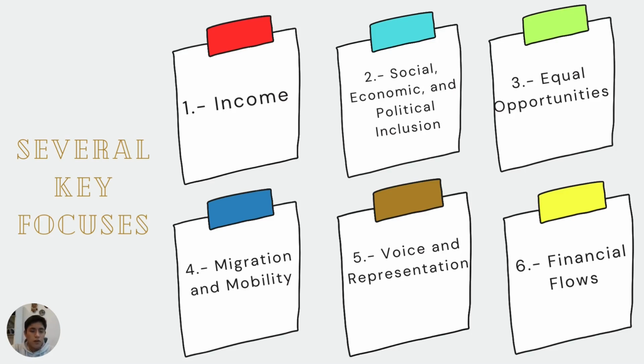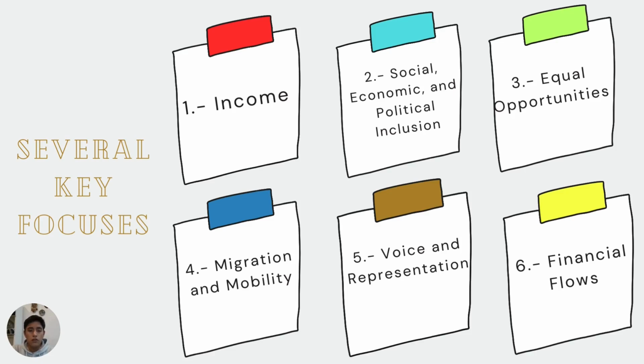Third, we have migration and refugees. We have the support of migrants and refugees: EU funded projects for the integration of migrants and refugees, providing them access to education, employment, and social services. And at the last, talking about representation in institutions, we have EU participation.